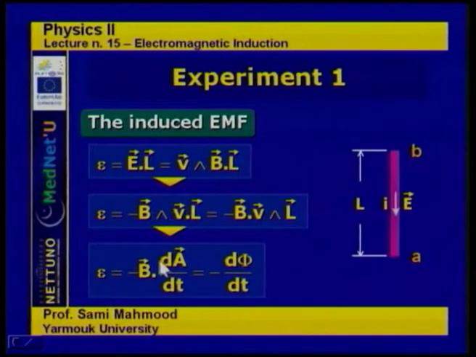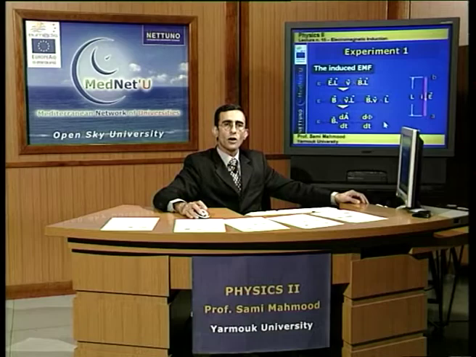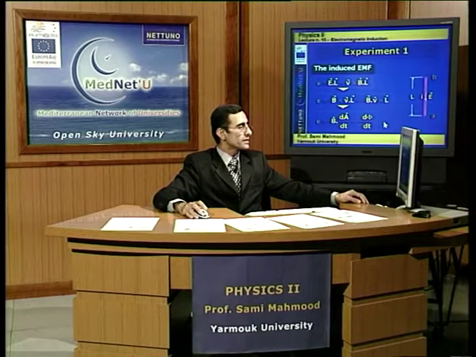And because B is constant, we can apply the time derivative to B times A. So B dot A is simply phi, the magnetic flux. So epsilon is equal to minus d phi by dt. This is Faraday's law that we have just stated a little while ago.